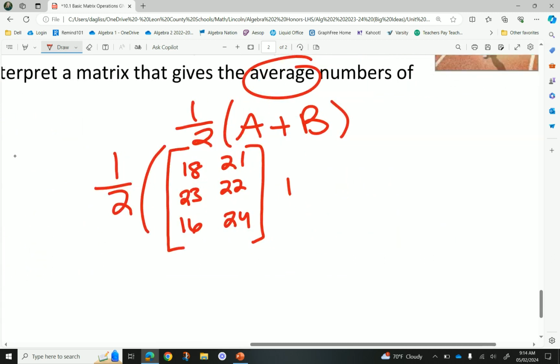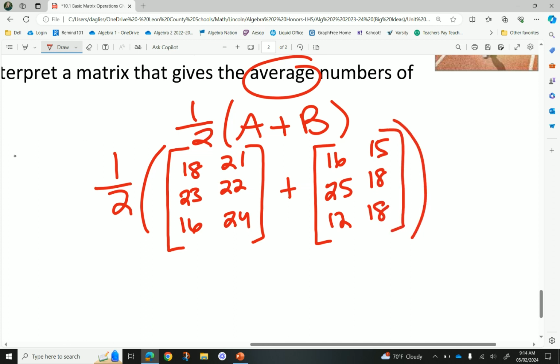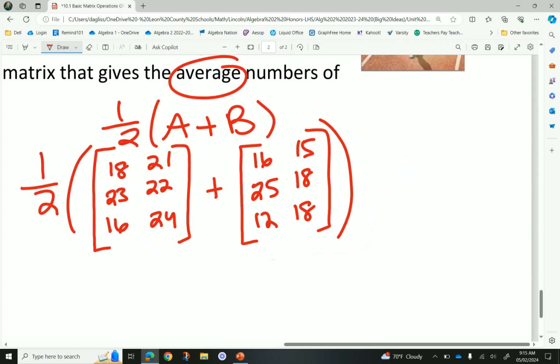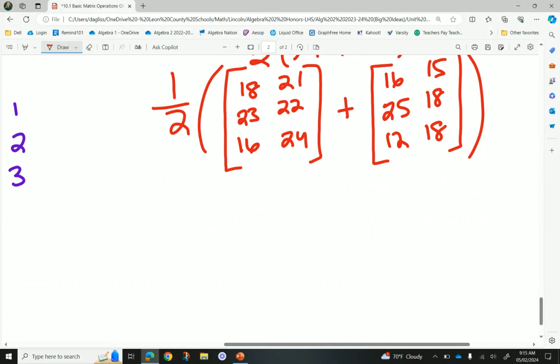And we're going to add to that the matrix B that we made, which was 16, 25, 12, 15, 18, 18. I'm going to go under it. All right, so am I going to do 1/2 first, or am I going to add first? We're going to add first. There we go.